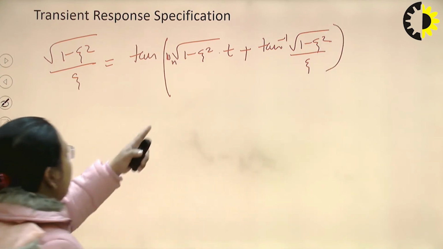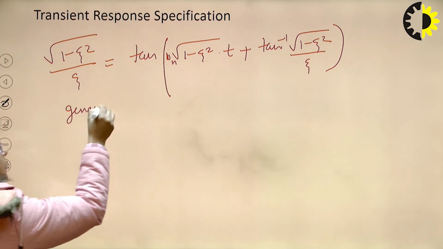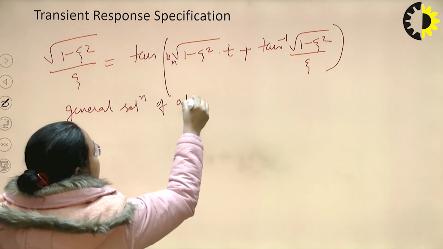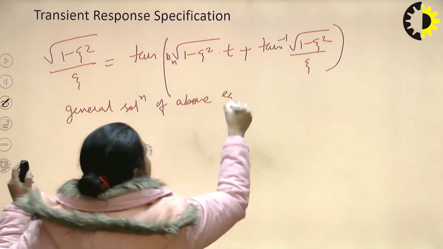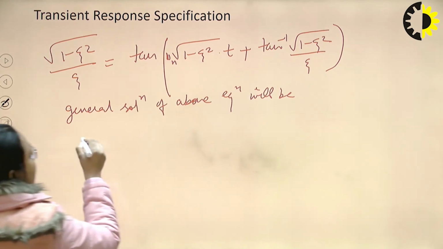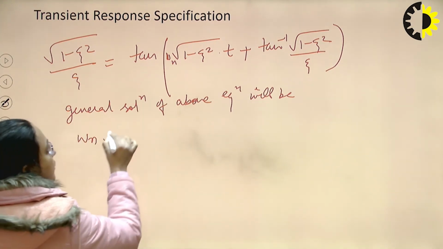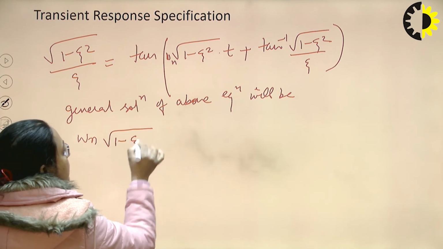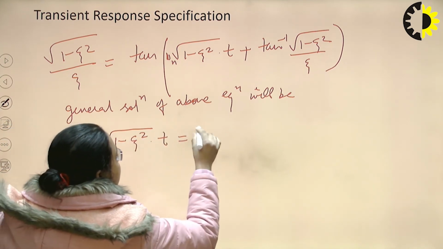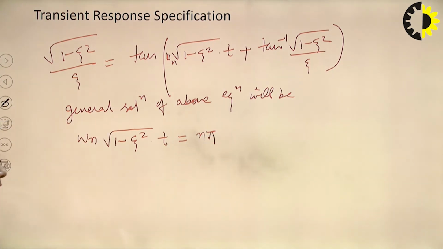So the general solution for this equation will be omega n under root 1 minus zeta square into t equals n pi.